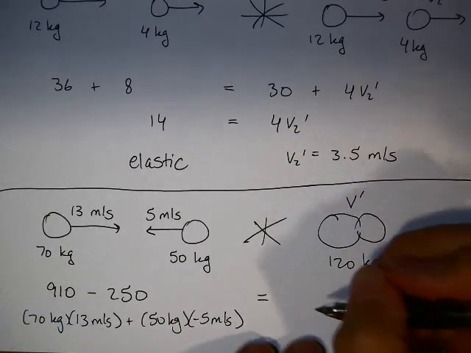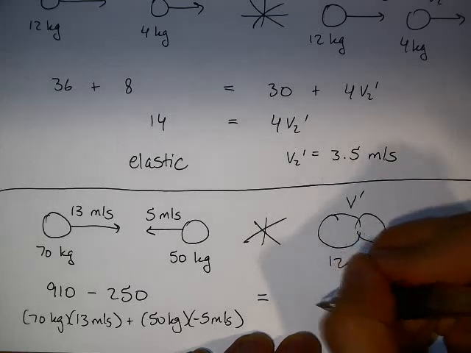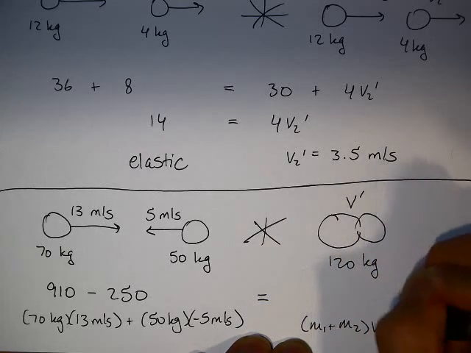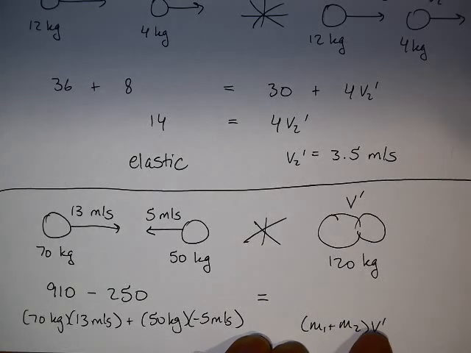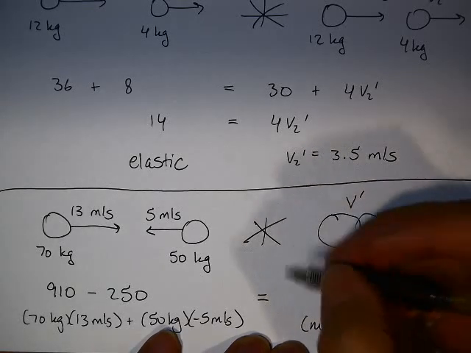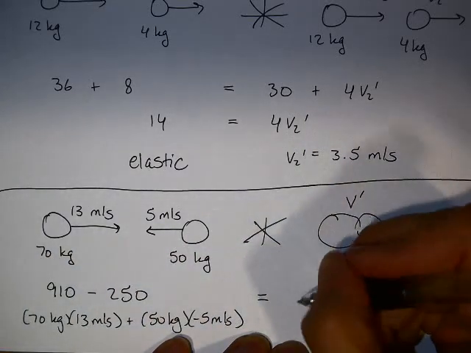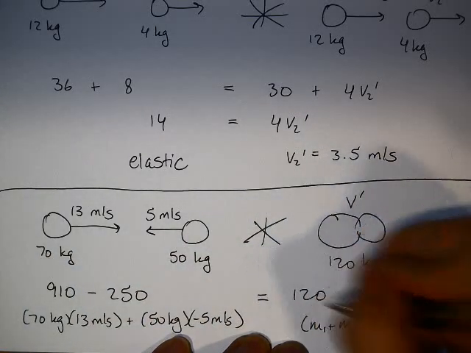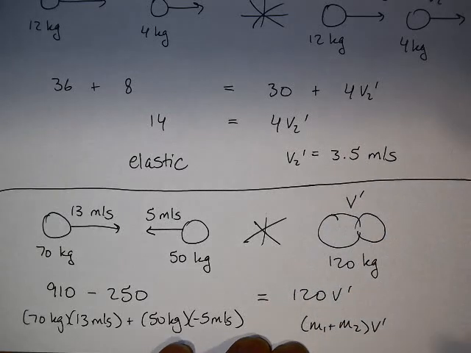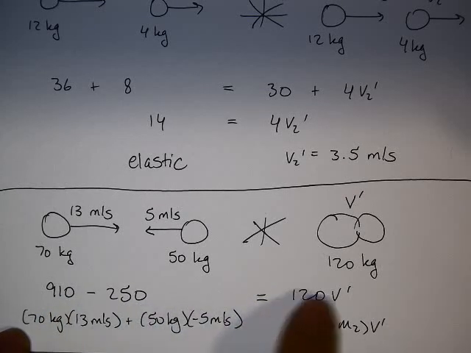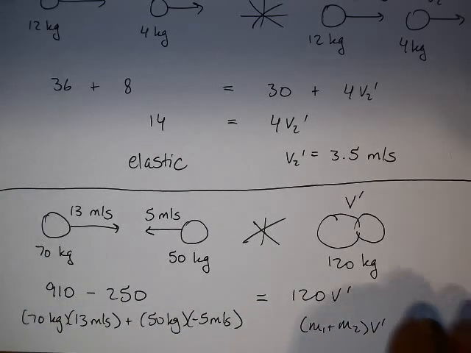After the collision, we have a mass of 120. Remember here we have m1 plus m2 times v prime from our formula. So that's a total mass of 70 plus 50, or 120, times v prime. So 660 equals 120 v prime.